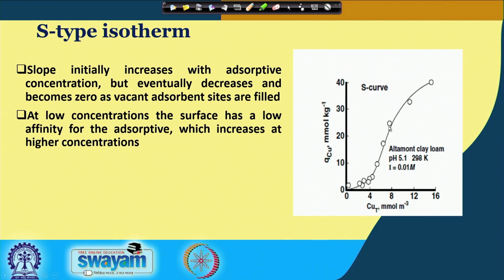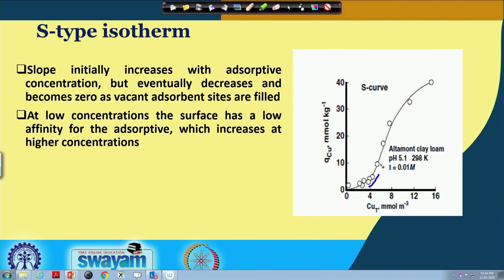The slope initially increases with adsorptive concentration, but eventually decreases and becomes 0 as vacant adsorbent sites are filled. As we increase the adsorptive concentration, initially it increases, and then after a certain point you will see it decrease and ultimately go to 0 as the vacant adsorbent sites are filled.